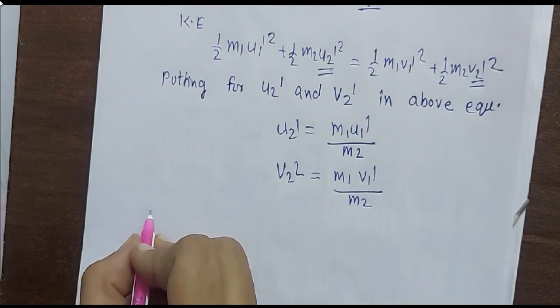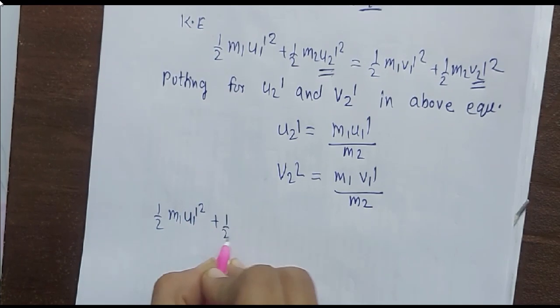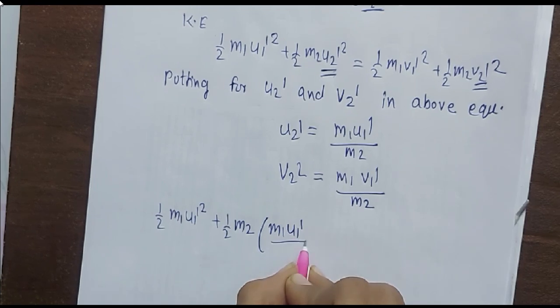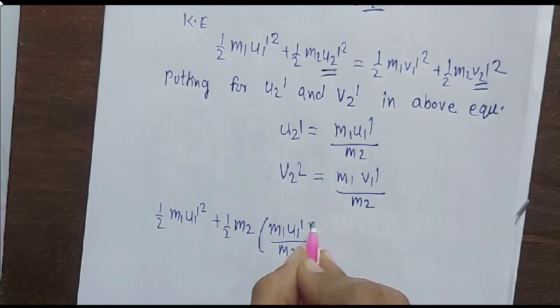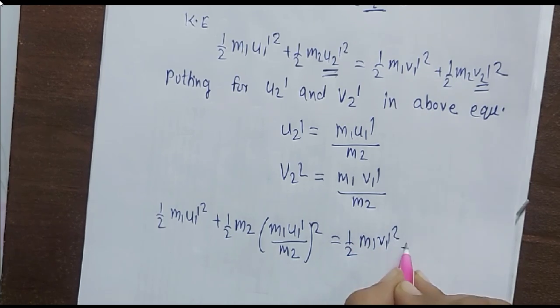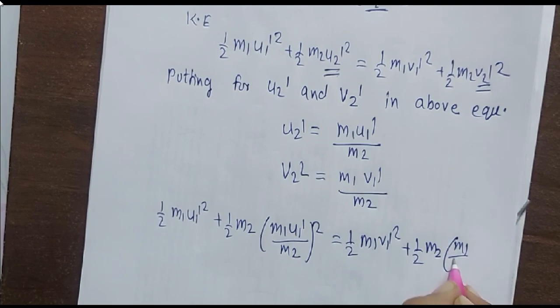When we substitute, we will get half m1 u1 dash square plus half m2 times m1 u1 dash upon m2 the whole square is equal to half m1 v1 dash square plus half m2 times m1 upon m2 v1 dash the whole square.